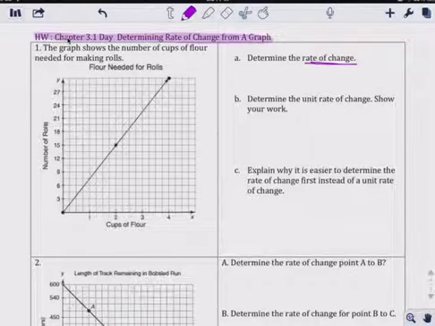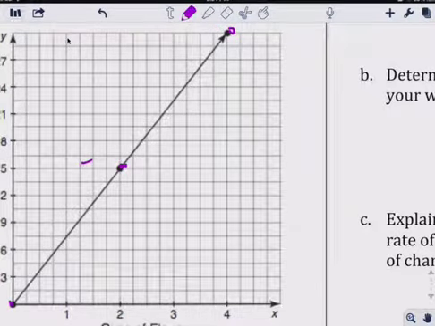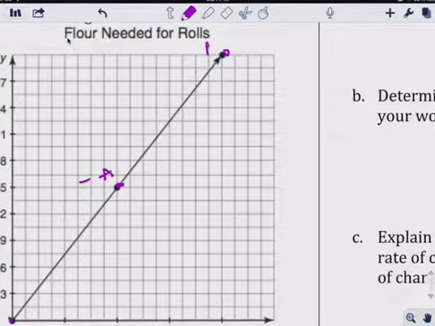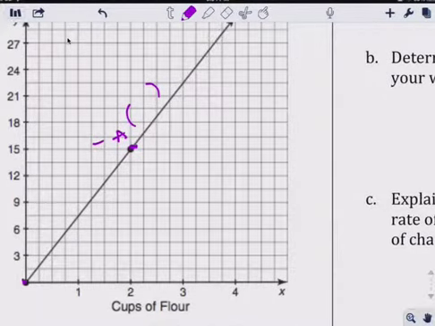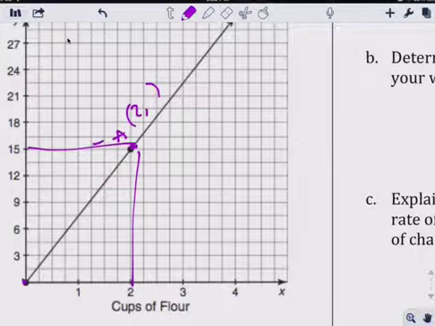So here are the dots, here, here, and here. Choose two of them. I'll choose this as A and this as B. And A is 2, 15.